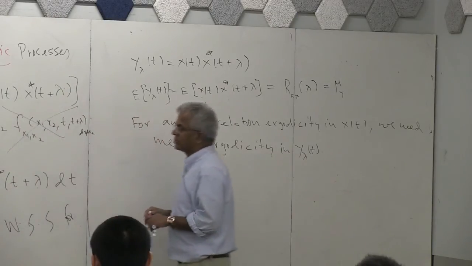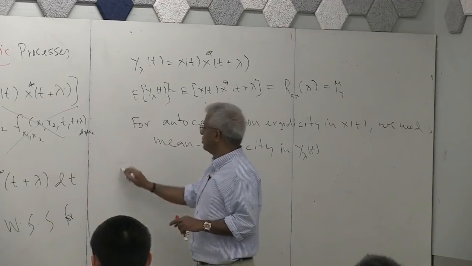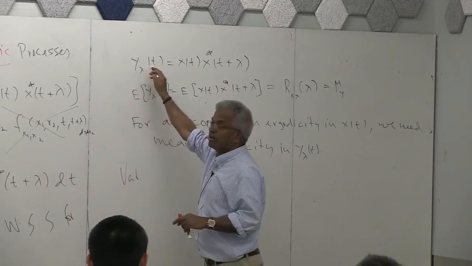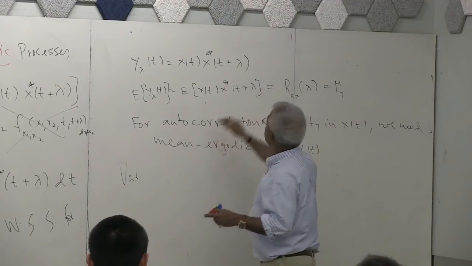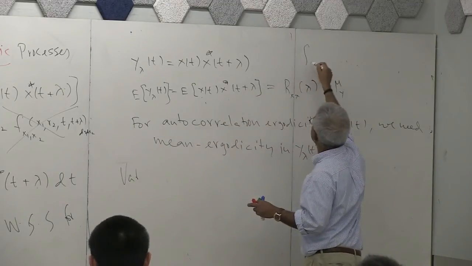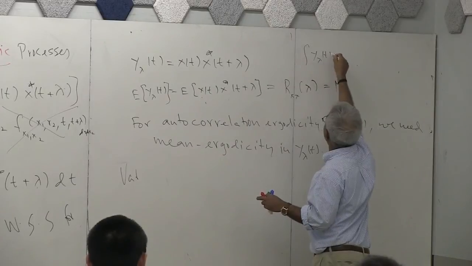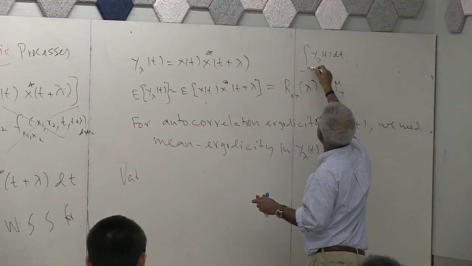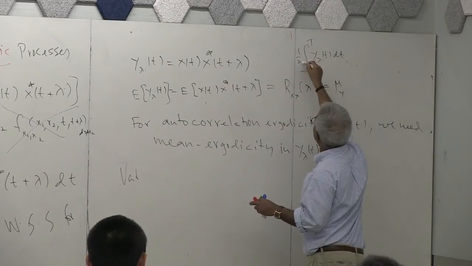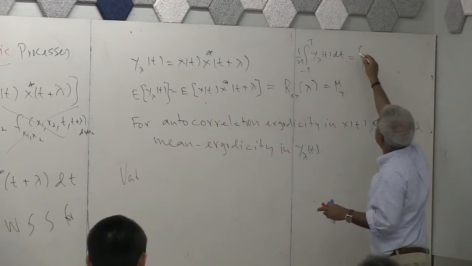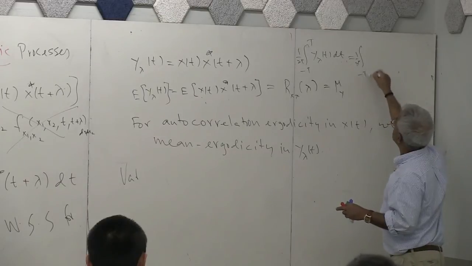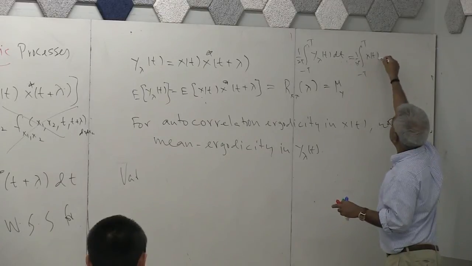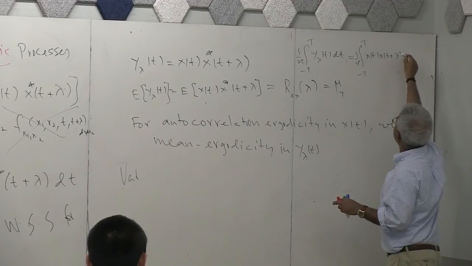So we will be using this expression: 1 over 2T integral from minus T to T of y lambda of t dt, which is the same as 1 over 2T integral from minus T to T of x of t plus lambda dt.